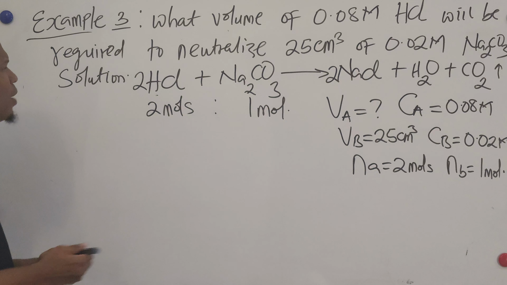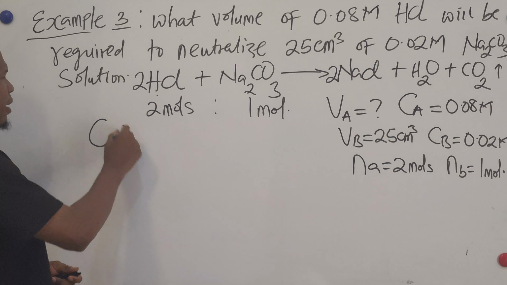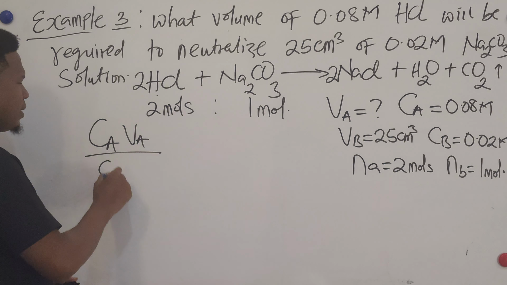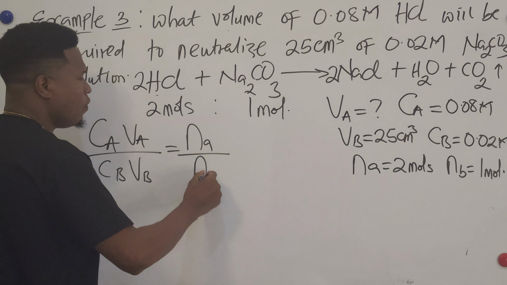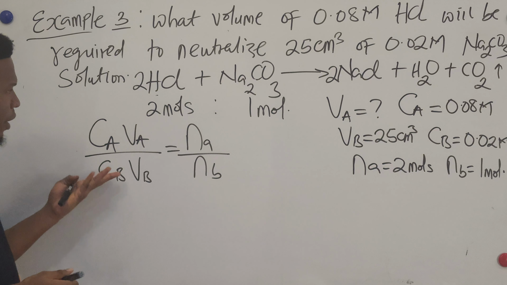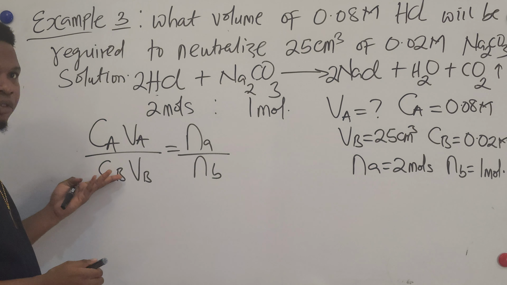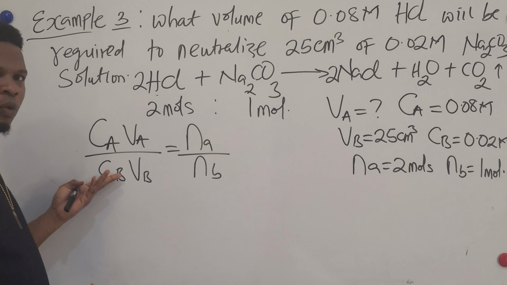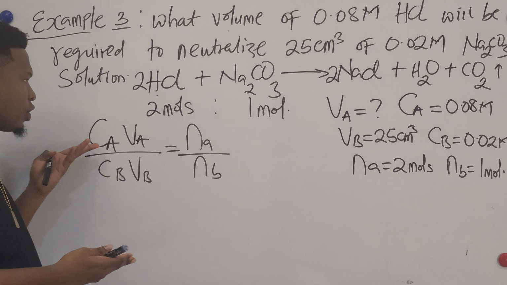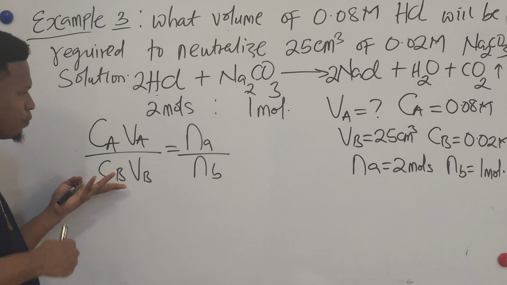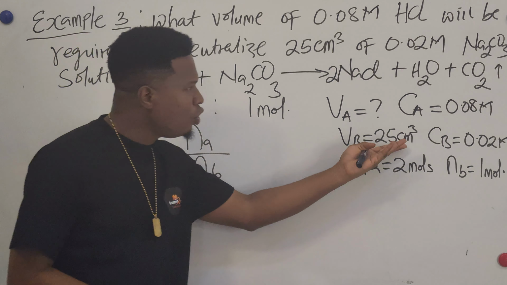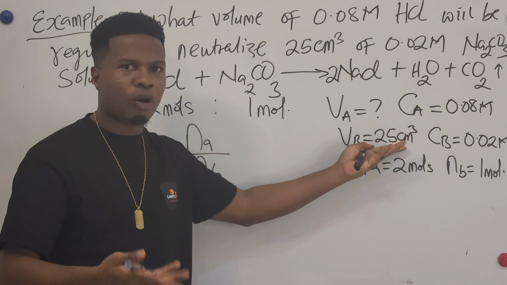Anytime we are making use of this formula, CaVa over CbVb is equal to Na over Nb, don't convert the volume. I know we normally convert the volume if we are just using C equals n over V, but for this one, do not convert the volume to dm³ or liter.